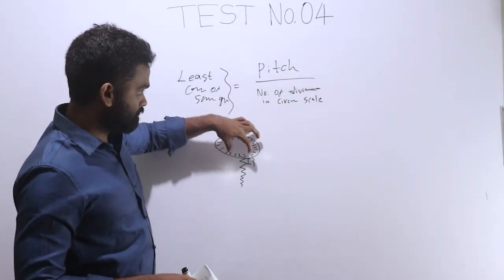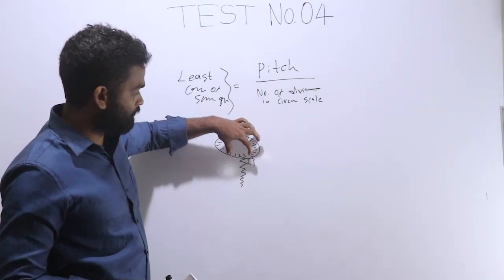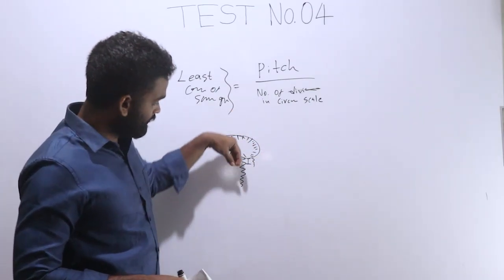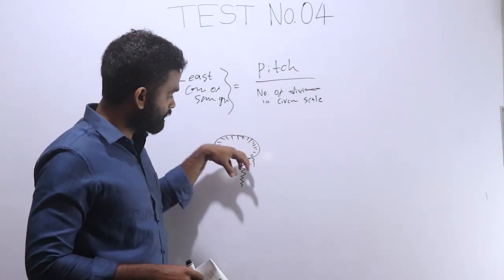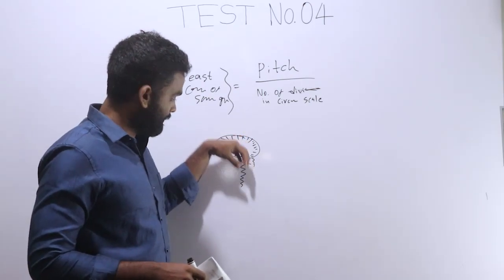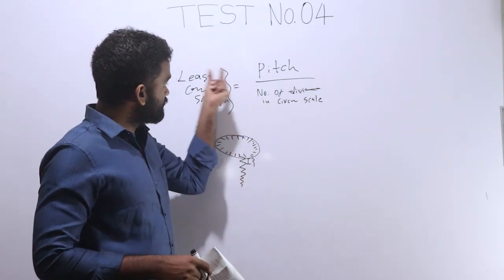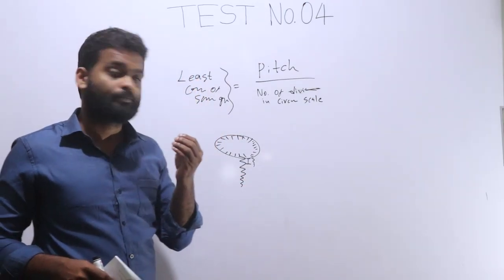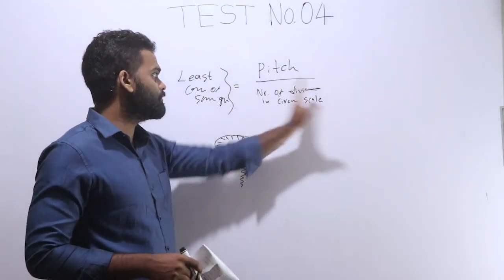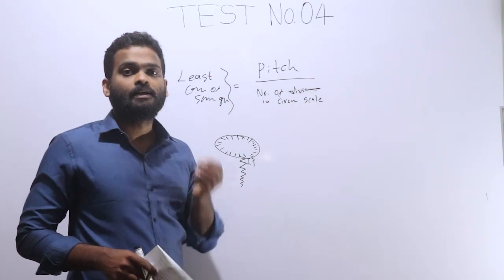If I rotate this a little bit, let's say one part, then the screw goes into or out of the apparatus. It moves vertically an amount equal to the least count of that screw gauge.